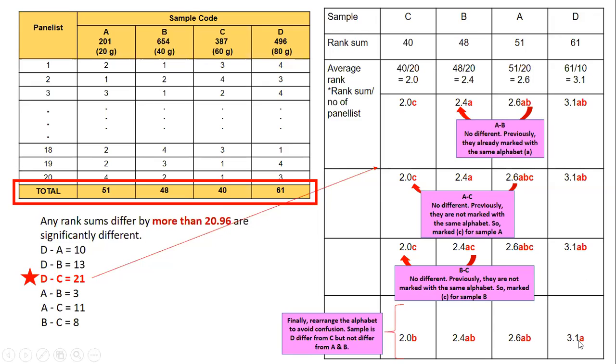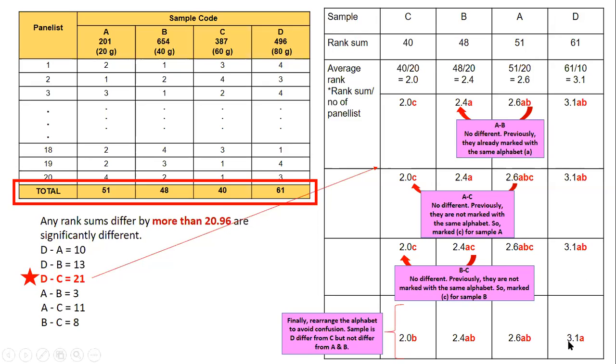Okay, sampel D ada A, sampel A ada AB, sampel B ada AB, sampel C ada B. Bermaksud sampel D, sampel A and sampel B tidak ada perbezaan yang ketara. Sampel C, sampel B, sampel A tidak ada perbezaan yang ketara.